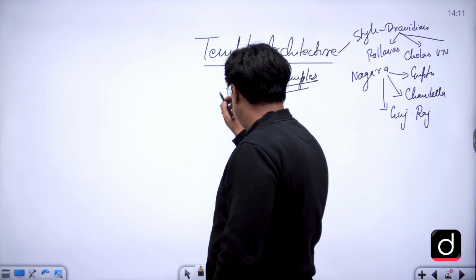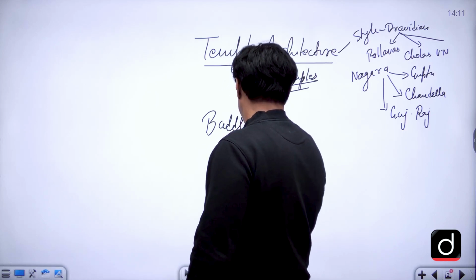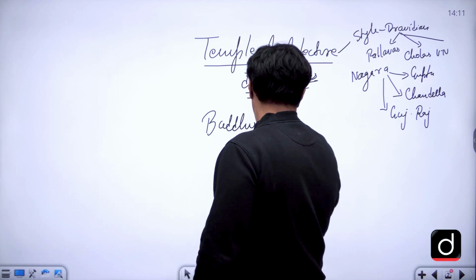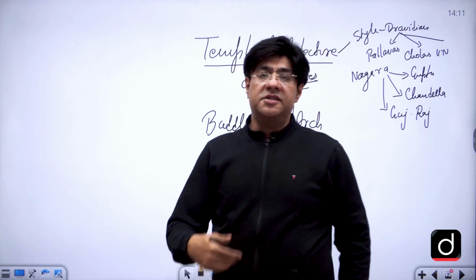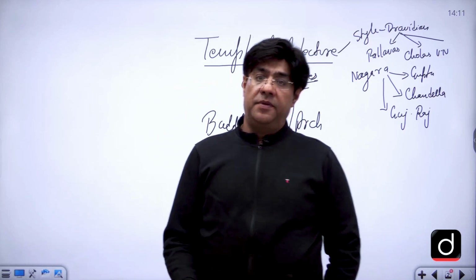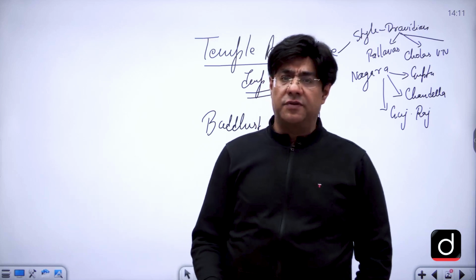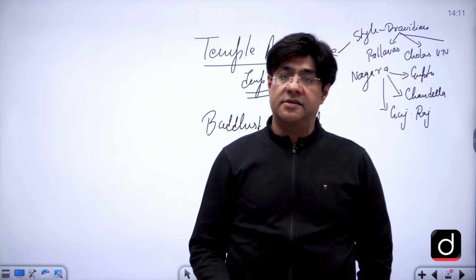Another theme, here again in the art, architecture and culture section, could be Buddhist art and Buddhist architecture. In Buddhist art and architecture, we can do the cave architecture, various chaityas and viharas which were made. Again, knowing the names of all those chaityas and viharas.